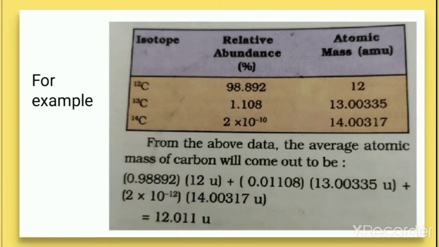So, the best way to define the atomic mass of these elements is to determine the atomic mass of each isotope separately and then combine them in the ratio of their proportions of occurrence. This is called average atomic mass. So as shown in the figure, we can find out the average atomic mass for the isotopes of carbon.